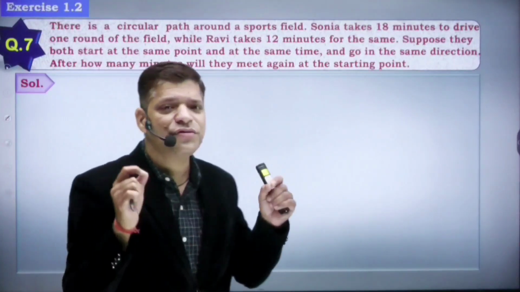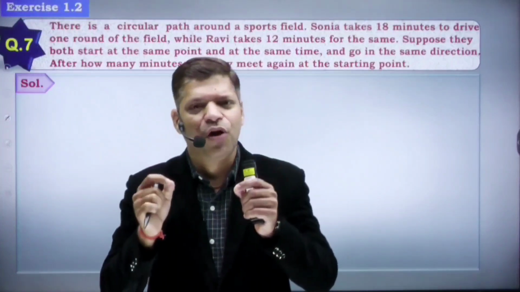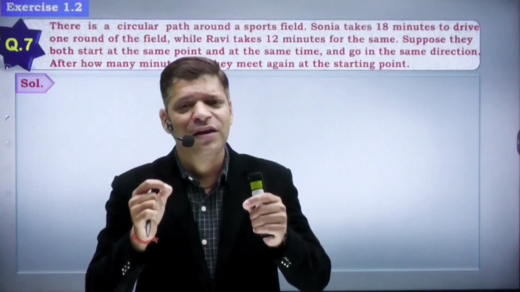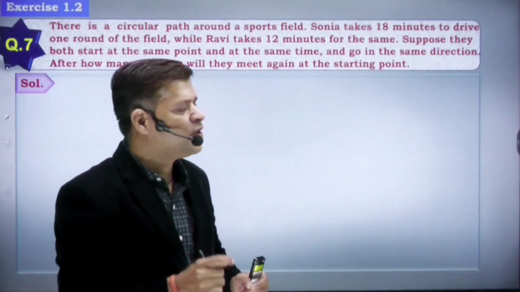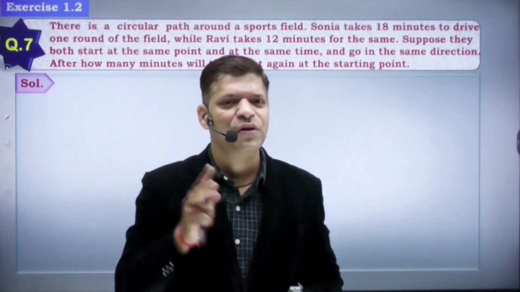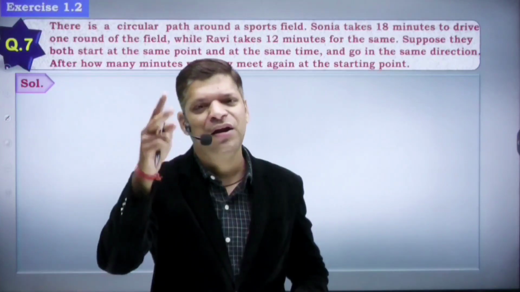Whatever information is given, save all of it in your mind one by one, then it will be very easy to solve the question. So we find two characters in this question, Sonia and Ravi. They complete one round in 18 minutes and 12 minutes.